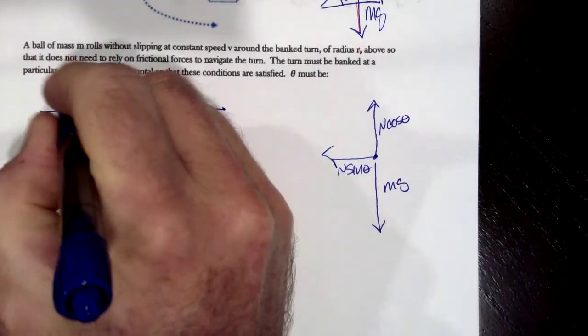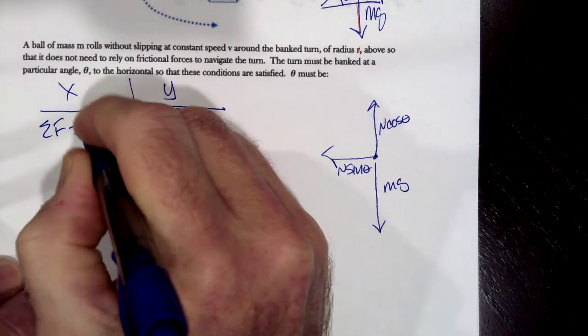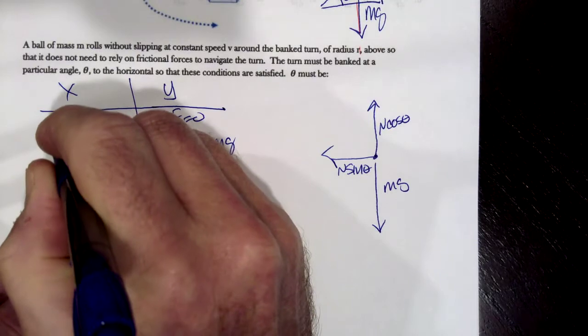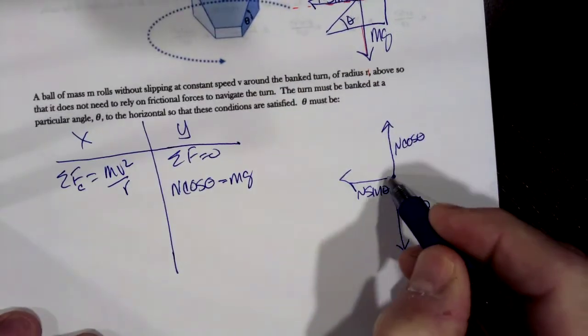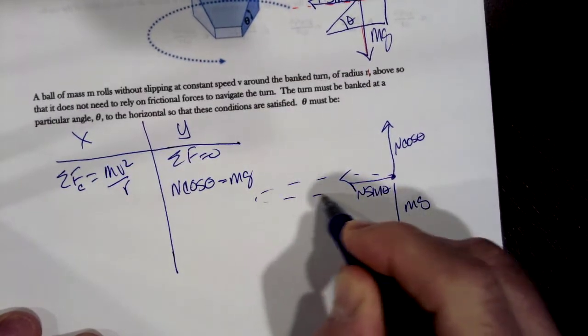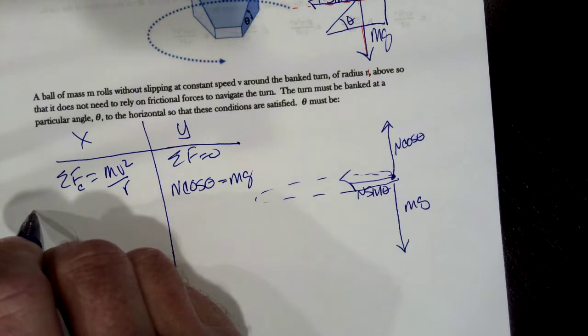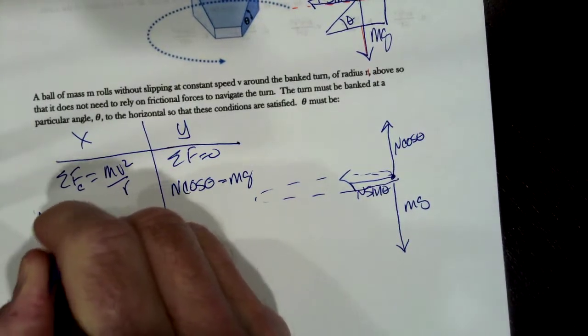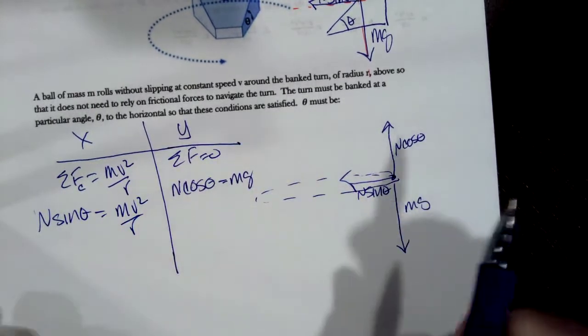The x-axis is my centripetal axis, so the sum of the forces equals mv squared over r, and these are centripetal forces pointing in the circular path. So you've got N sine theta equals mv squared over r.